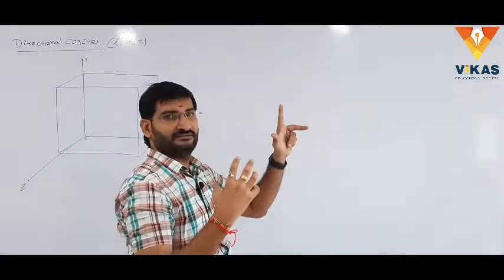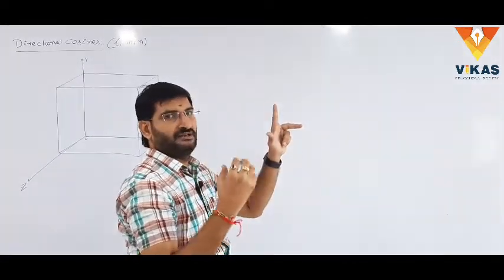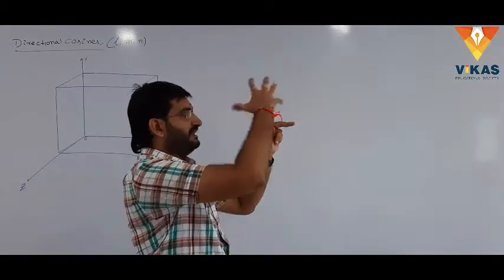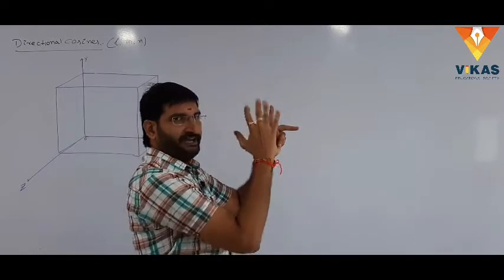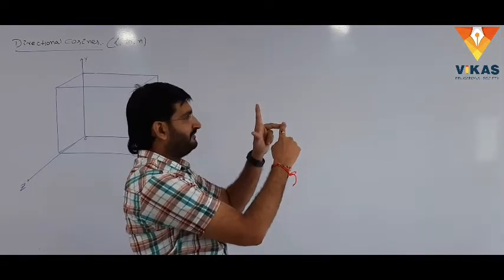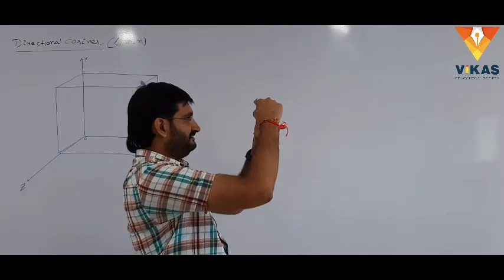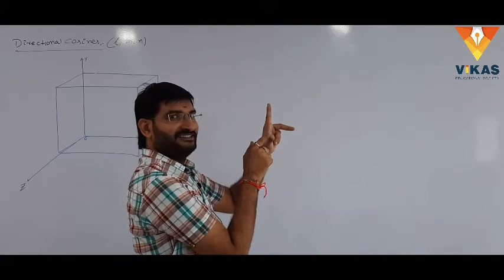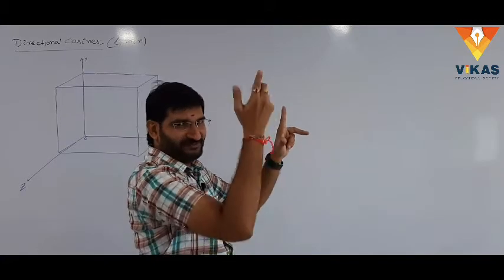In general, directions like east, west, north, south, how do we recognize these directions? In the India map we observe this is east, this is north. What is meant by this direction? This is vertically upward.